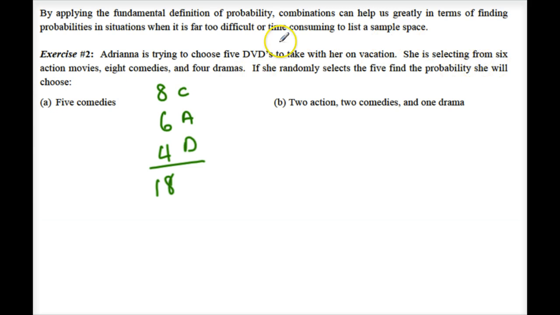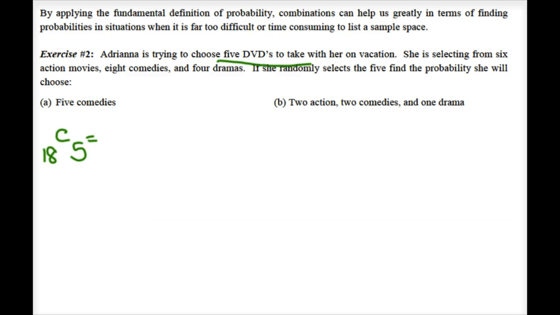She's trying to carry 5 DVDs on her vacation. So there are 18 DVDs and her choosing 5.